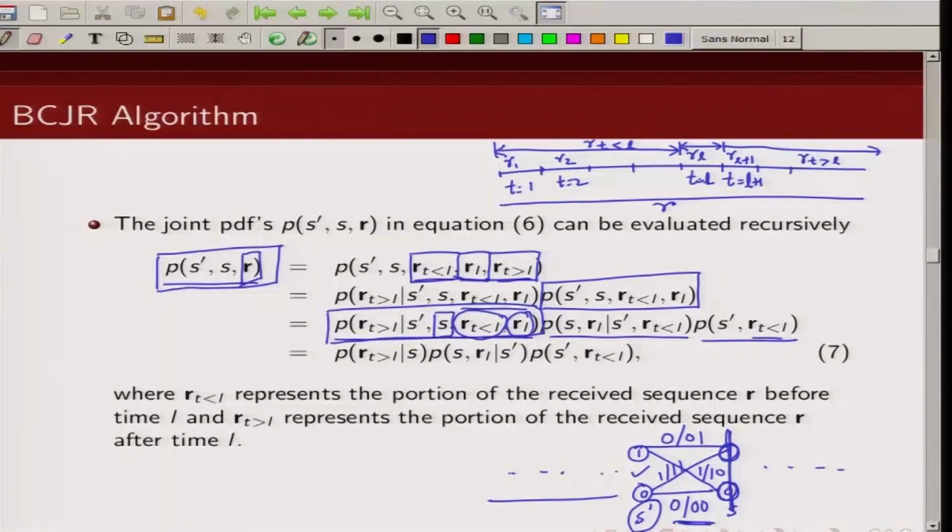So, this will only depend on S. So, I can simplify this expression like this.